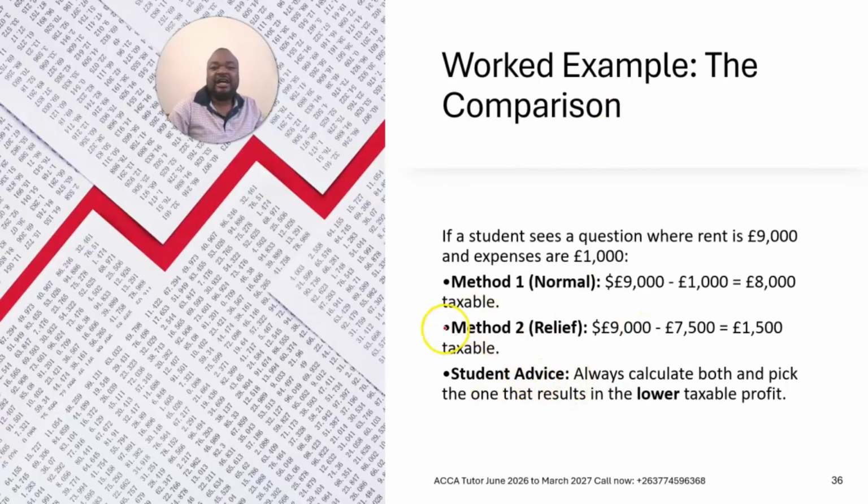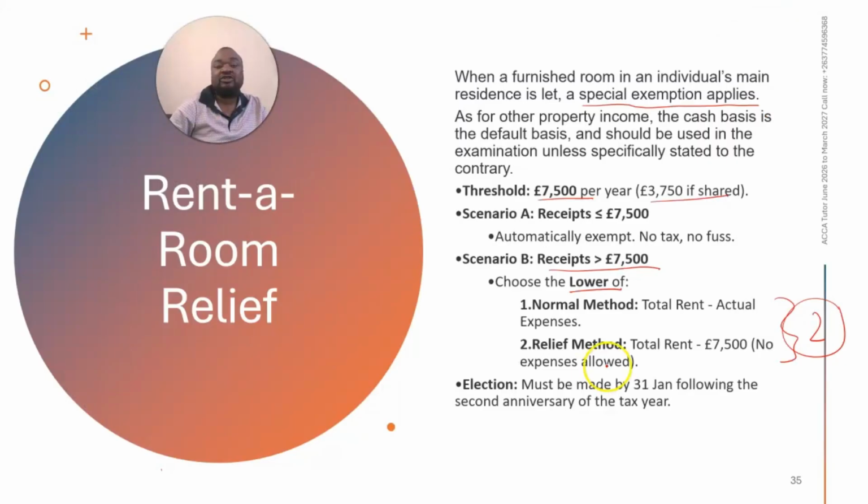Let's look at this example. If in an exam a student sees a question where rent is £9,000 and expenses are something like £1,000, what they have to do is consider the two scenarios.